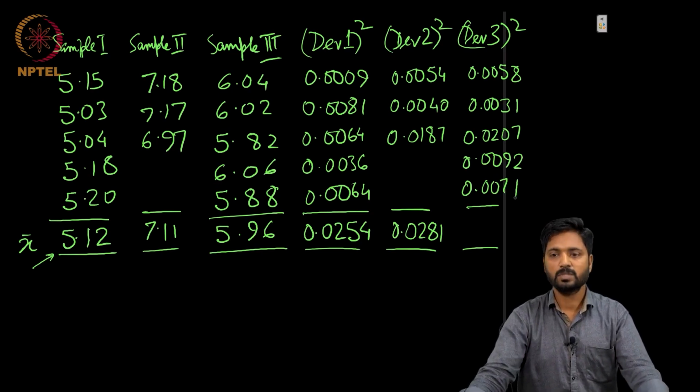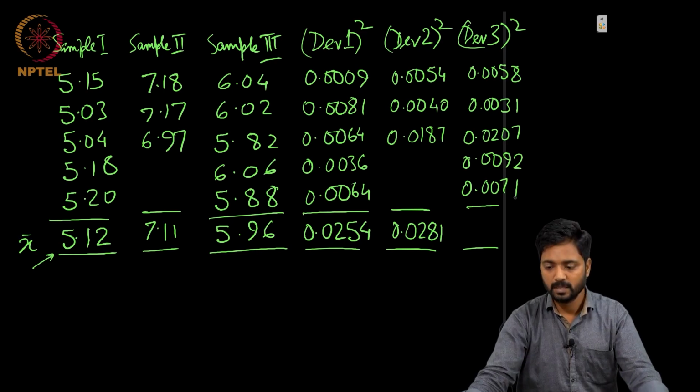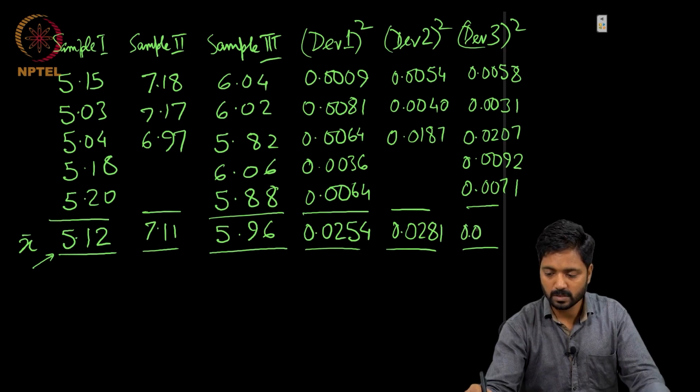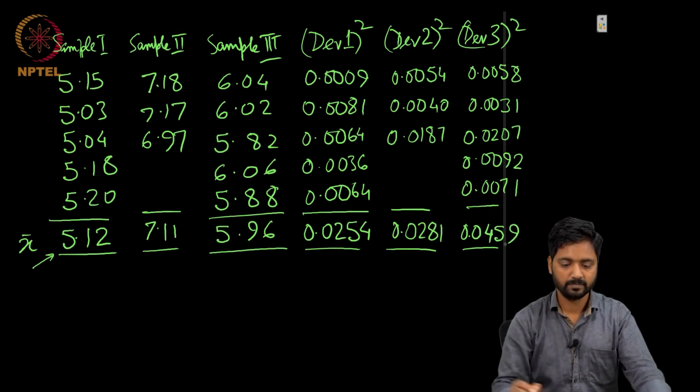So these are the numbers of the deviations squared for sample 3, and when we sum all of these, this number comes out to be 0.0459.